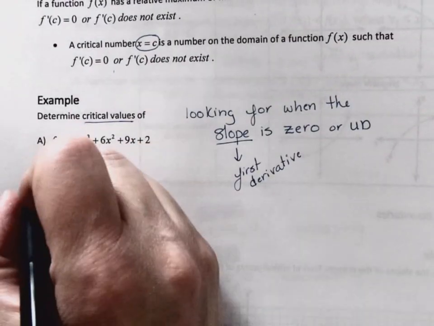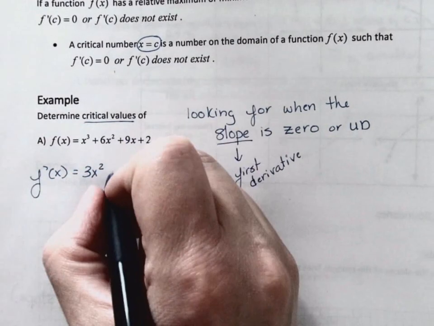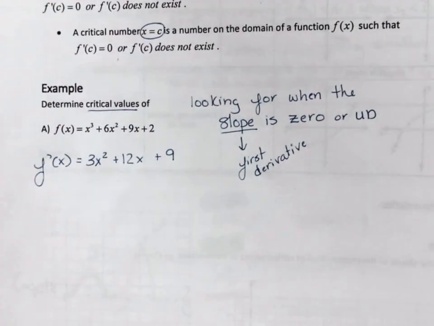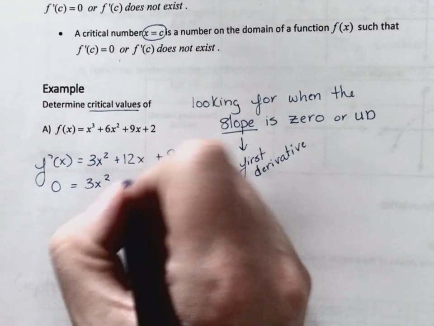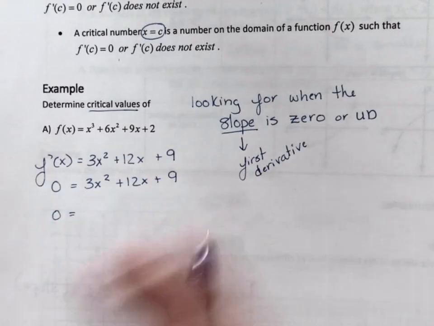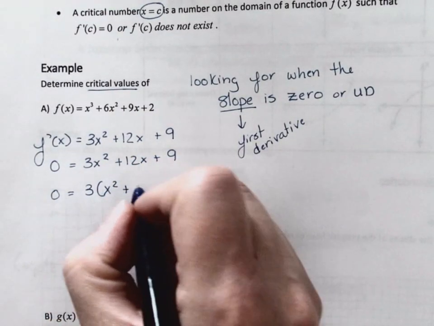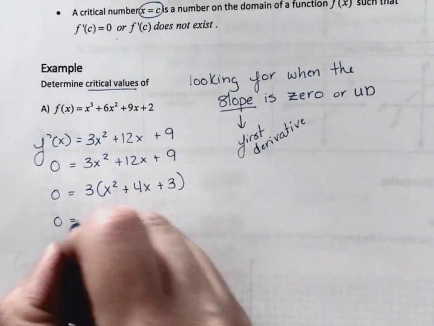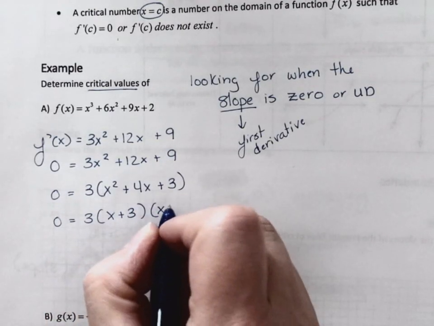So all we're going to do is find our first derivative, set it equal to 0, and solve. In this case, I'm pretty sure I can factor it. You could use the quadratic formula if you wanted as well.